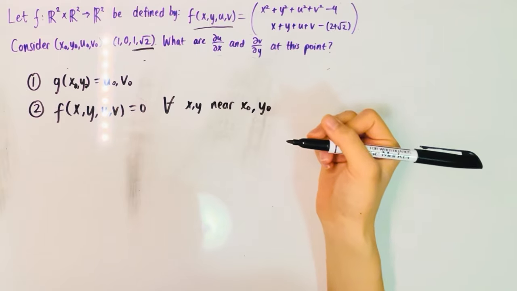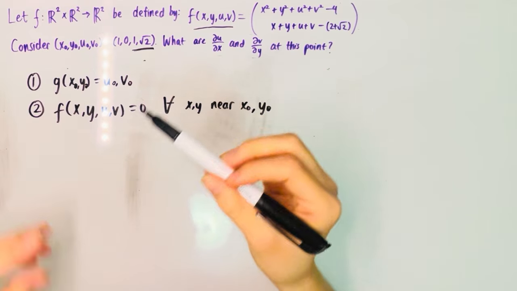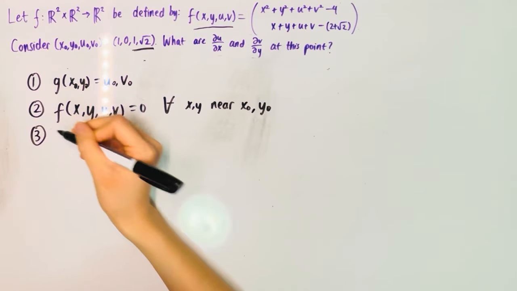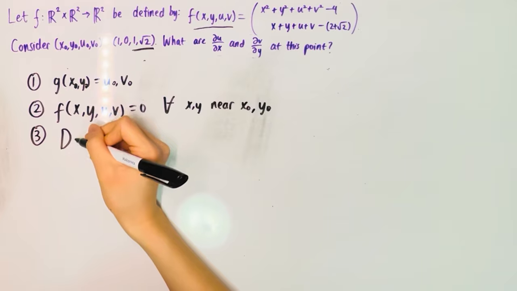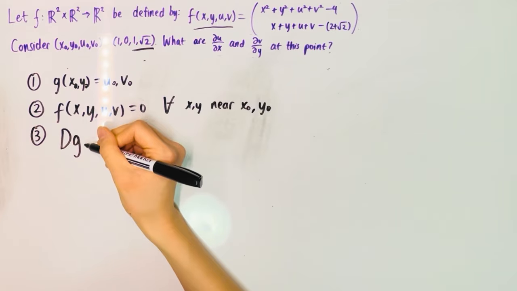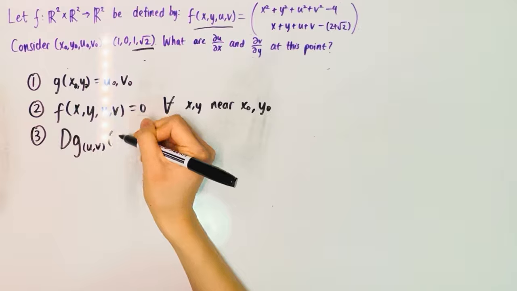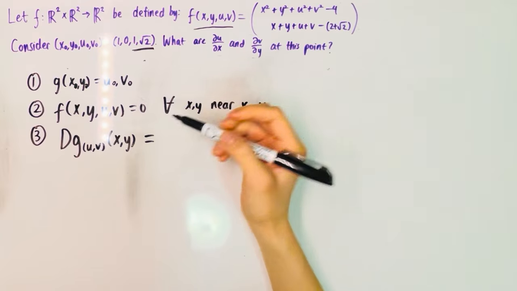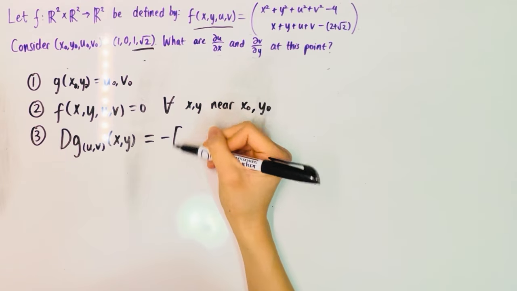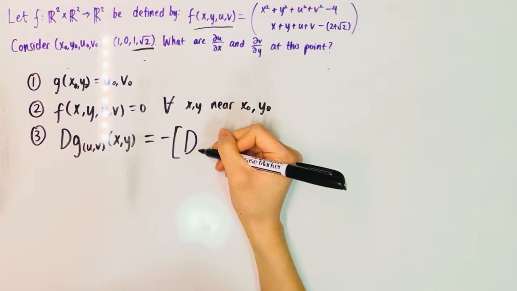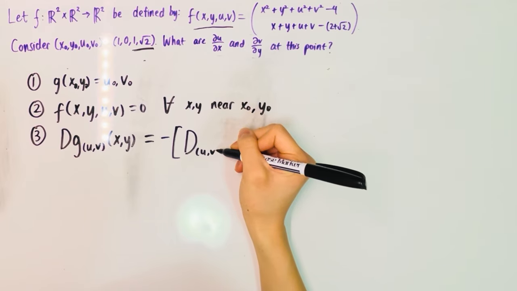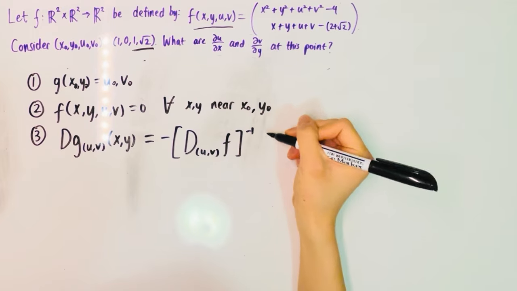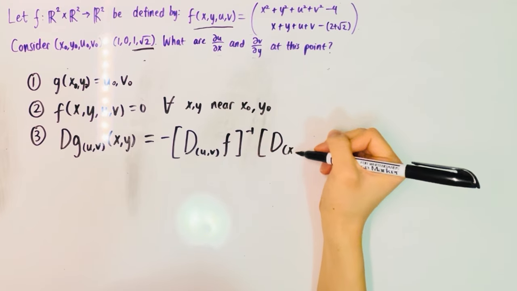That just tells us that the points in this neighborhood are on the function. And finally, this is where we're going to be able to find our partials. We see that dg, which is how we're going to solve for du dx and dv dy, is equal to negative d_(u,v) f inverted, times d_(x,y) f.